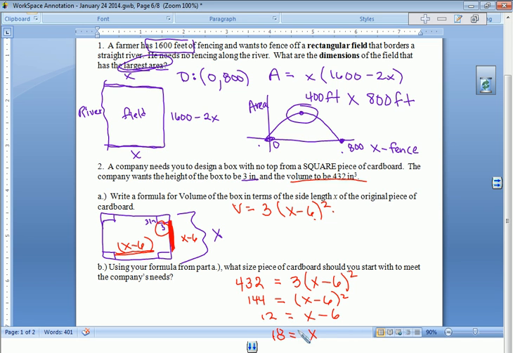So the original piece of cardboard would need to be 18 inches by 18 inches so that we could create the box that we wanted. All is well? All right.